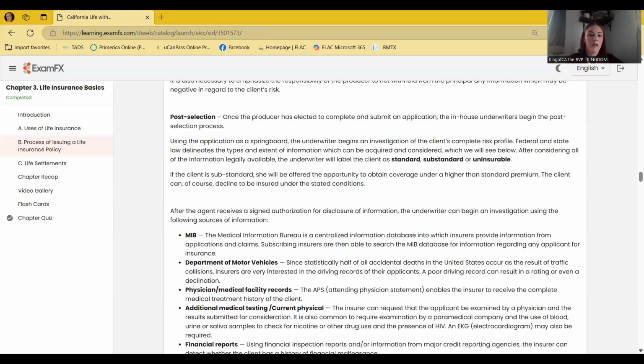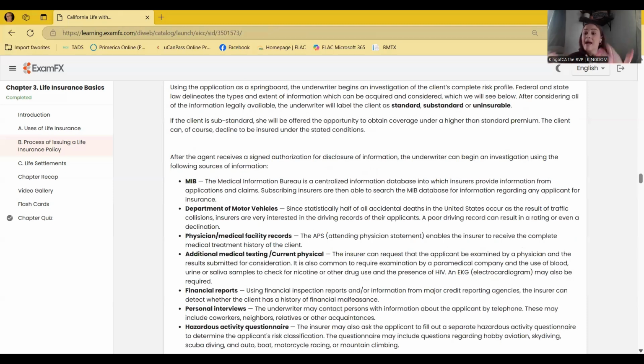Now, with the underwriters, they are going to place us in tiers, sections of people. There are standard risks. There are substandard risks, which means like a sub is lower.